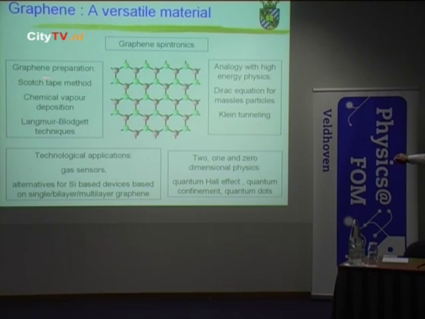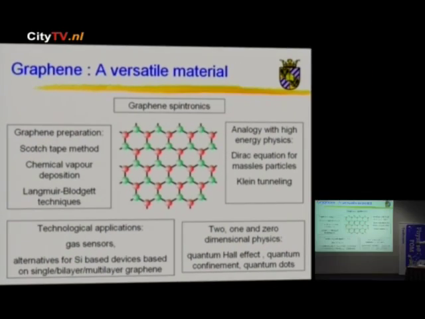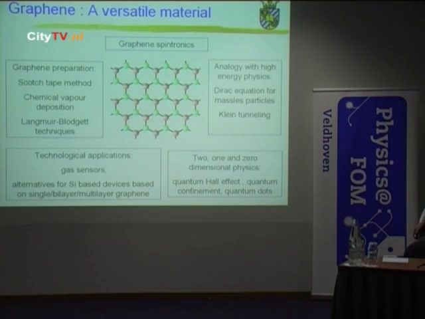Graphene preparation: the Scotch tape method I've shown is not very useful for applications, because it has a low cost part, which is the Scotch tape method, but it also has a high cost part. You really have to find where the graphene sits. There are the chemical CVD tricks. You can prepare graphene on metals. There are other techniques, and tomorrow I think there will also be a demonstration of graphene.